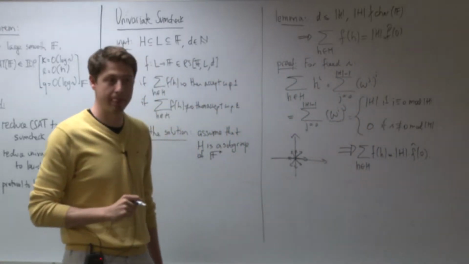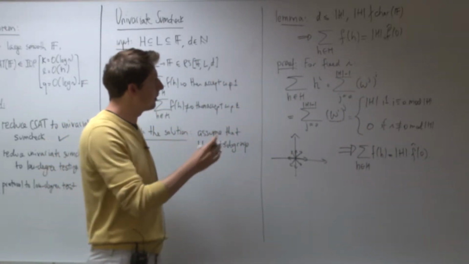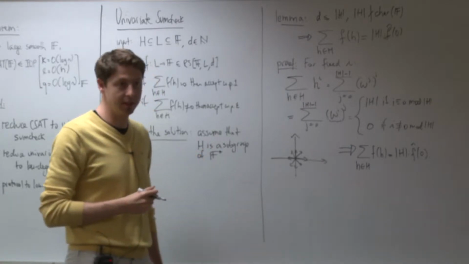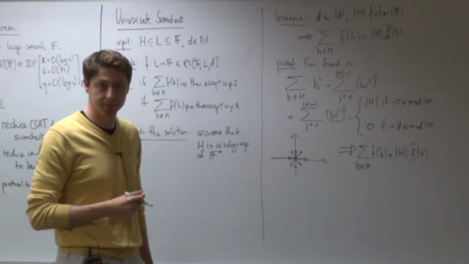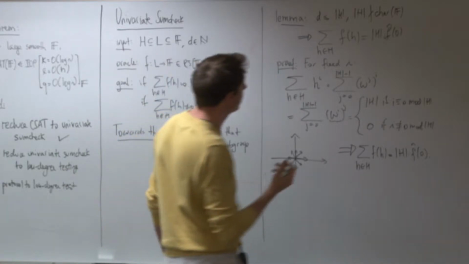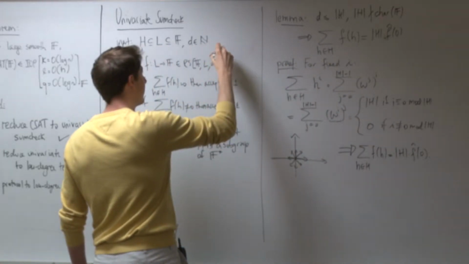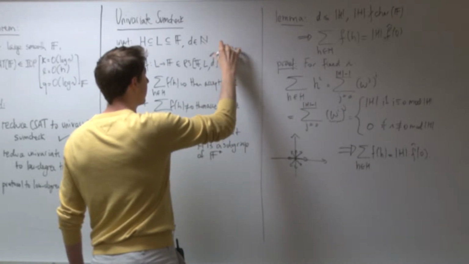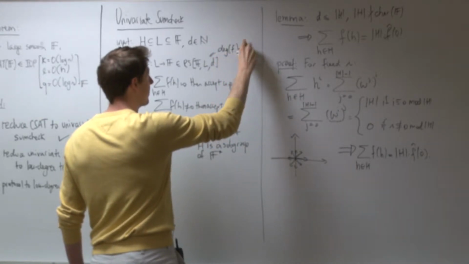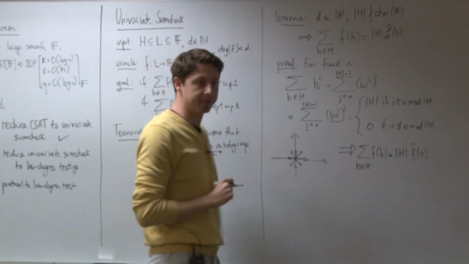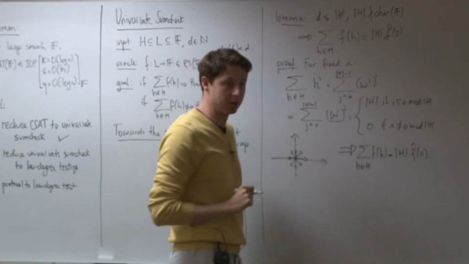Okay? So this is telling me that if f has degree no more than h. Here remember that the definition is that the degree of f is strictly less than h, so up to h minus 1.